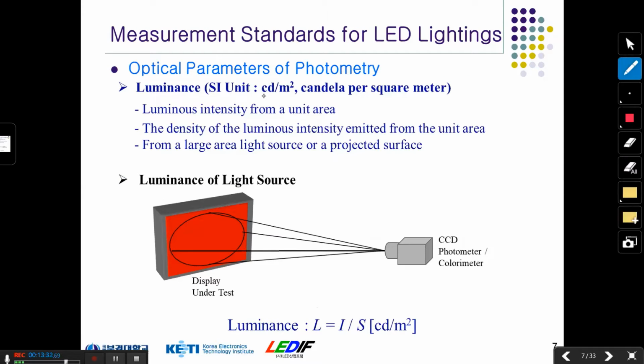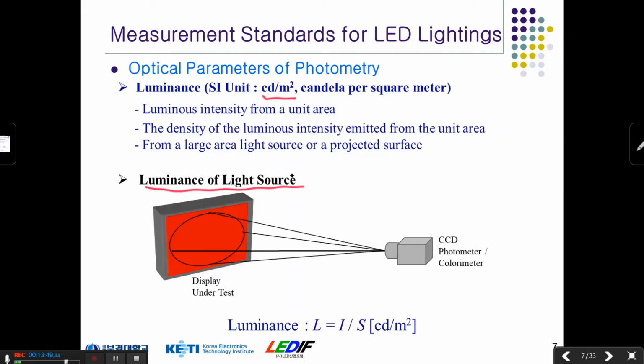Luminance in the unit of candela per meter square is a luminous intensity from a unit area of a large light source or a wide projected surface. Luminance of a large light source, like a flat panel display, is measured with a CCD photometer or colorimeter, which is defined by luminous intensity over display area.